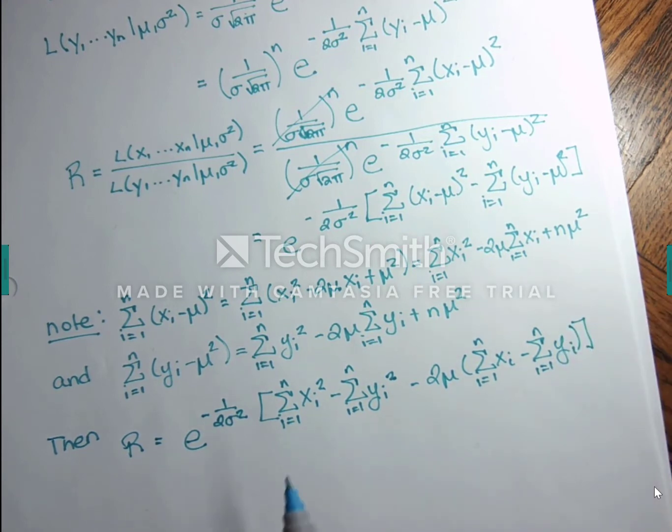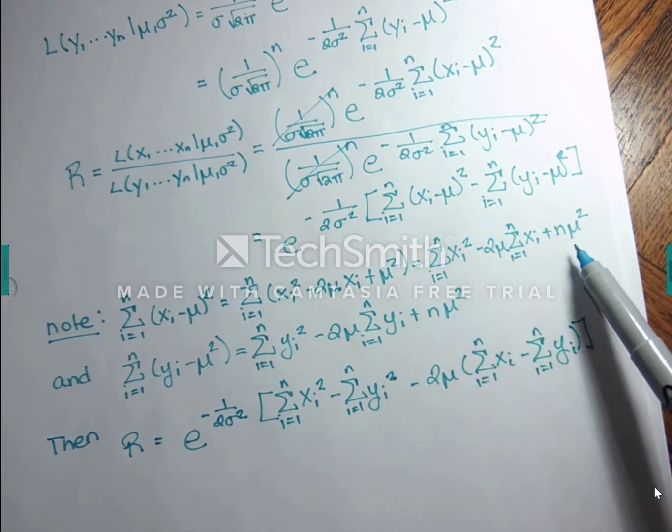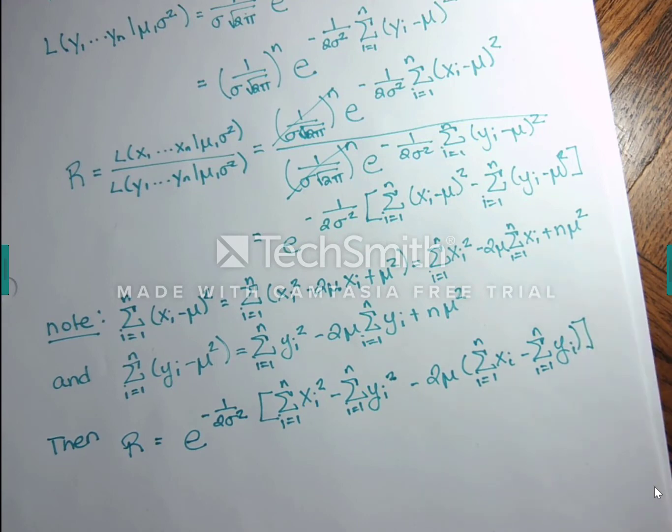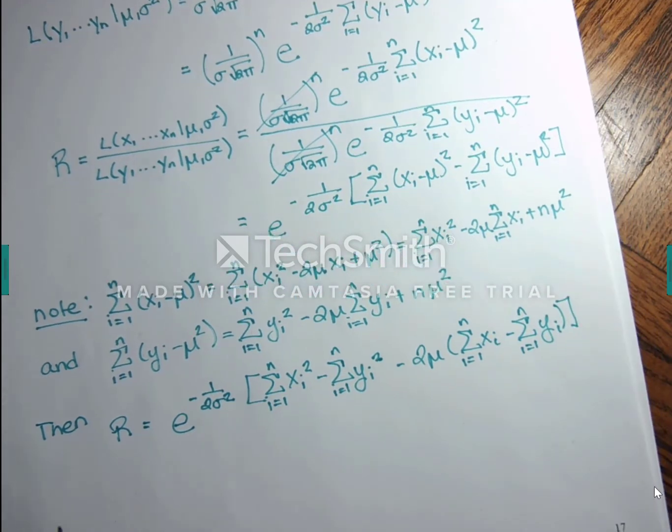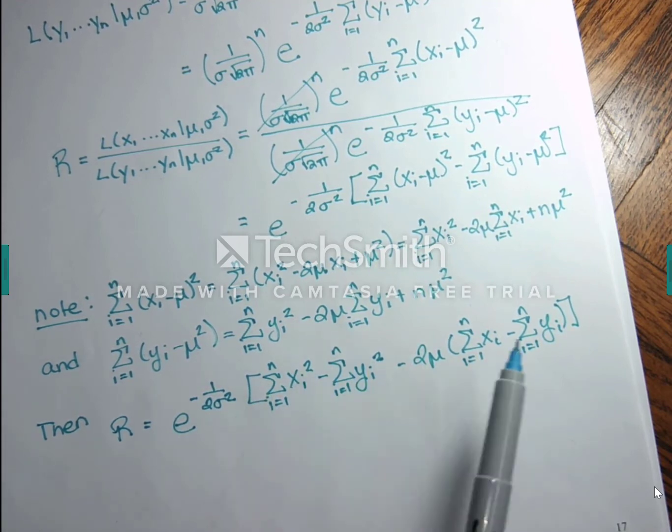Notice we had some terms that canceled out, like the n mu squared and the n mu squared here. So notice r is going to be free of mu and sigma squared, so here's our mu and here's our sigma squared, if and only if this piece and this piece are equal to 0.